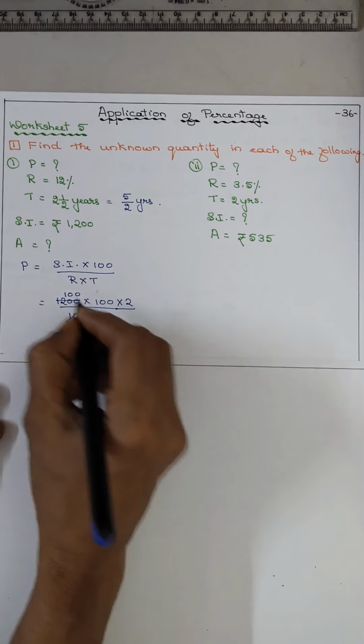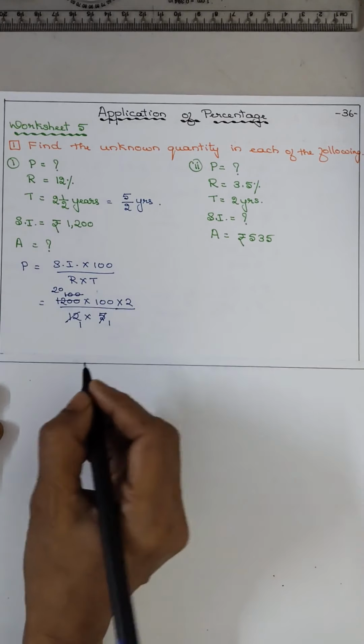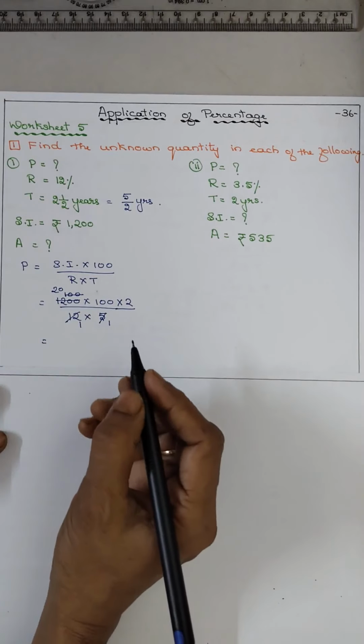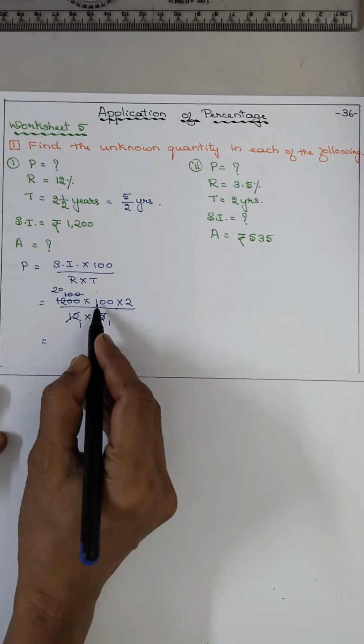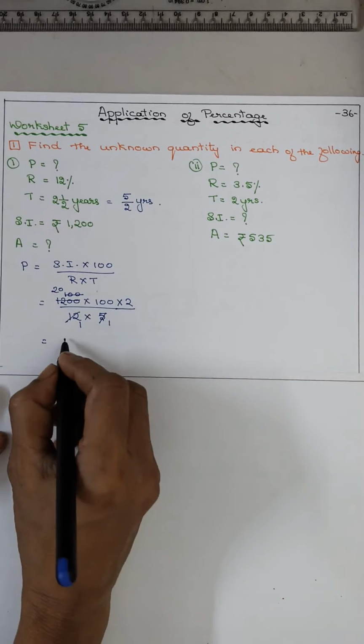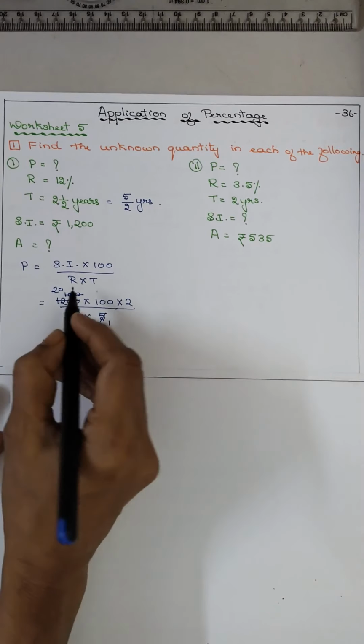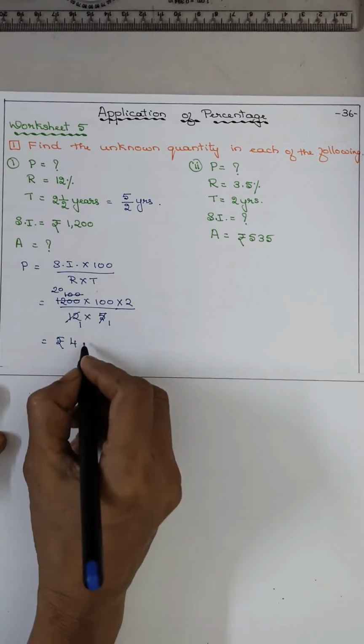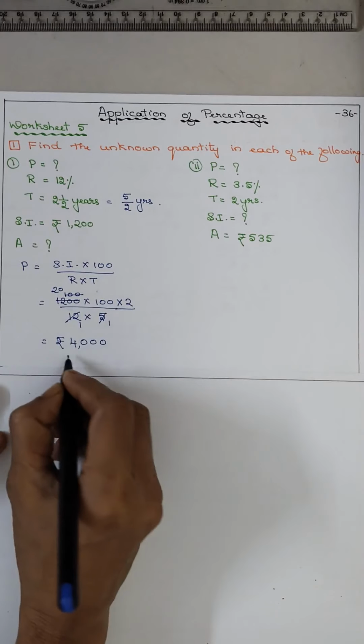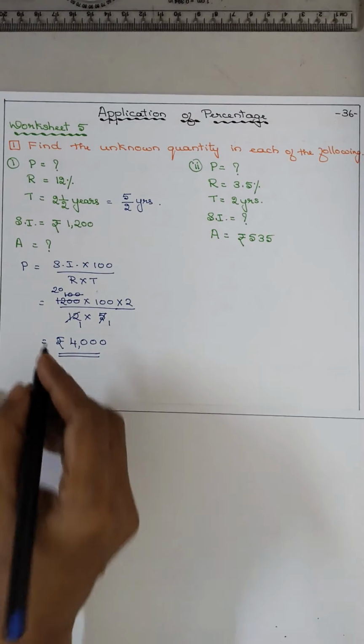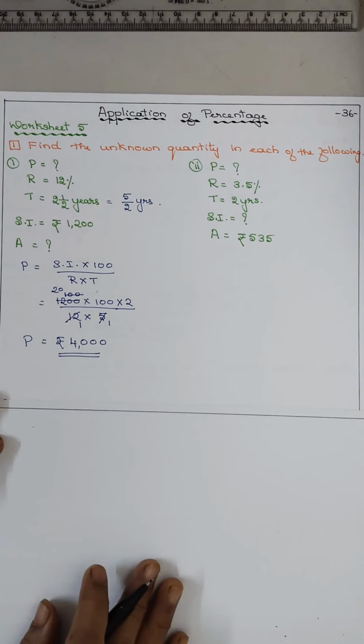Now 5 ones are 5, 20s are. So it will be 2 ones are 2, 2 twos are 4, then 1 2 3 zeros. That means principal is rupees 4000.